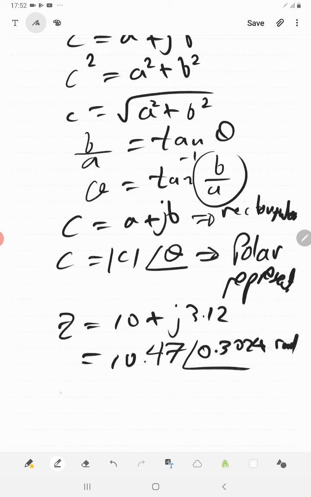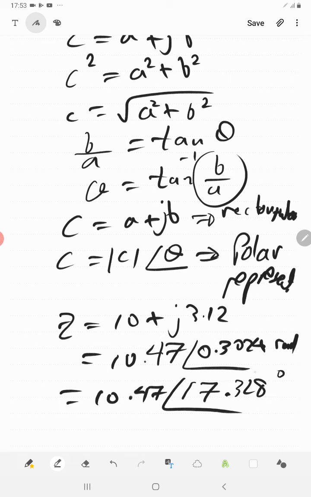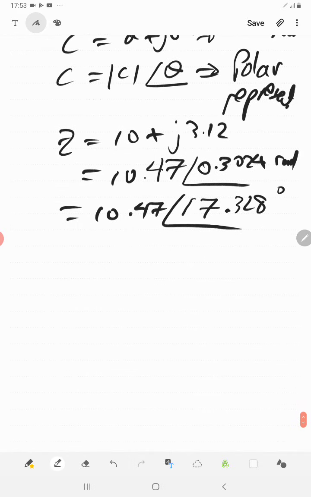You can convert that to degrees by multiplying by 180 divided by pi, and it will give you 17.328 degrees. Okay, so this is the way we calculate impedances.